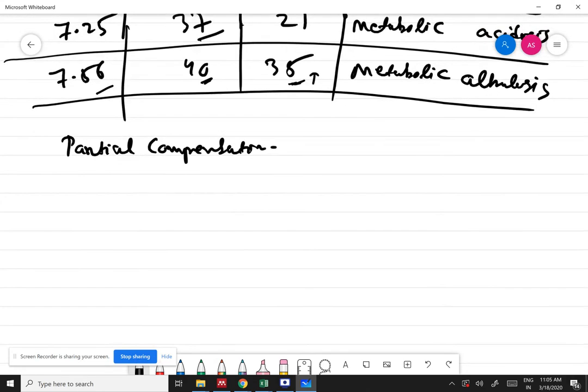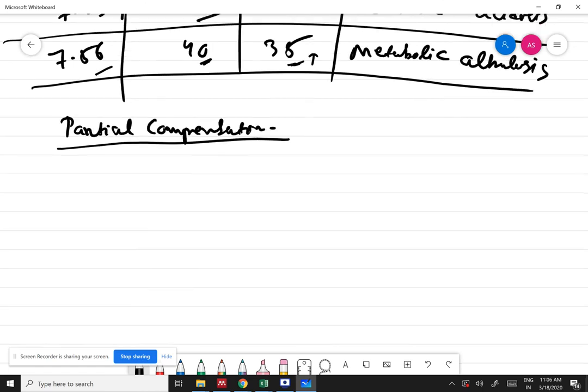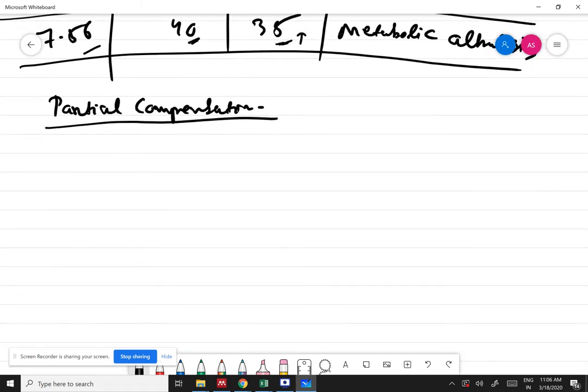In partial compensation, the body tries to accommodate the non-performance of the renal system by changing the performance of the respiratory system, or the non-performance of the respiratory system by changing the performance of the renal system. So pH still remains mildly abnormal, but there is an underlying compensation.